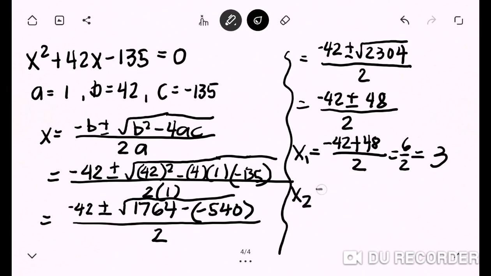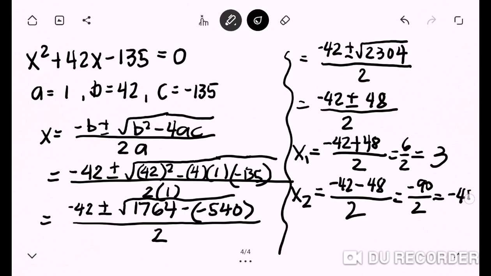So another root, so we have negative 42 minus 48 all over 2. So this is equal to negative 90 over 2 or negative 45. Okay. So if you will notice, we have two solutions. So ang una is positive 3 and then the other one is negative 45.